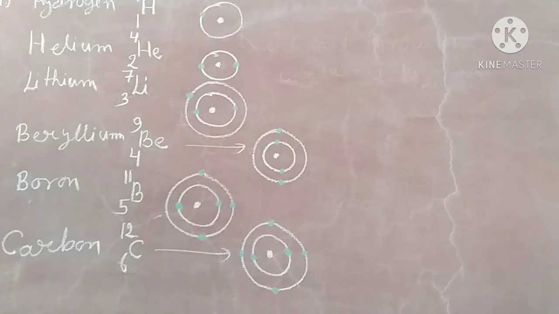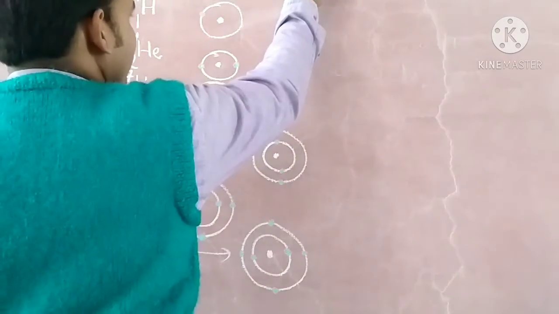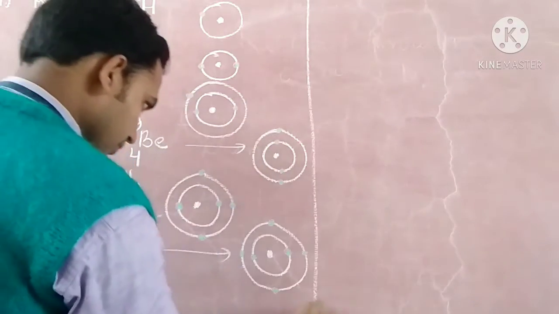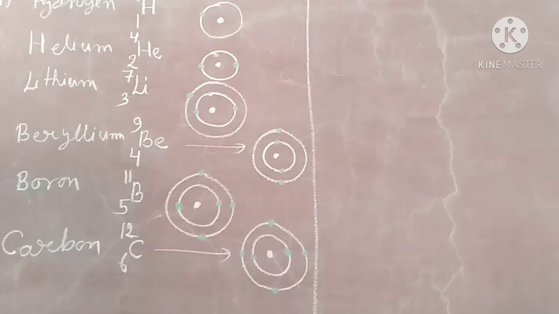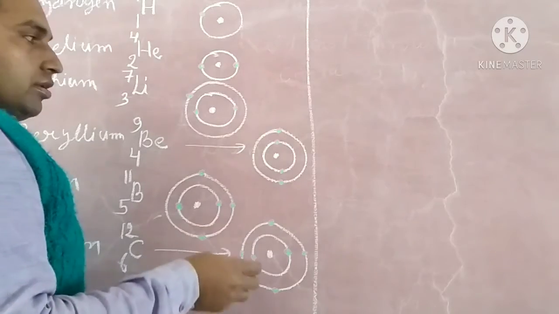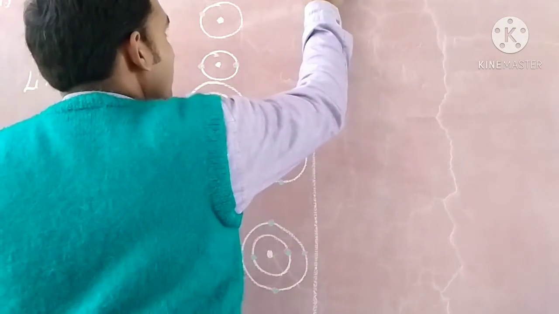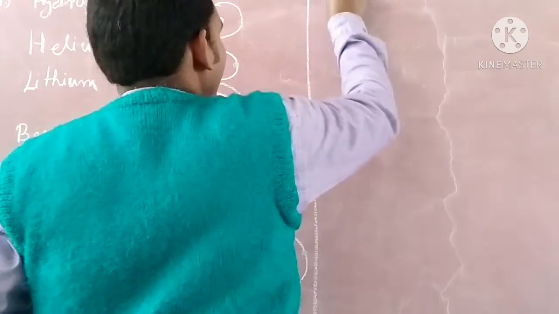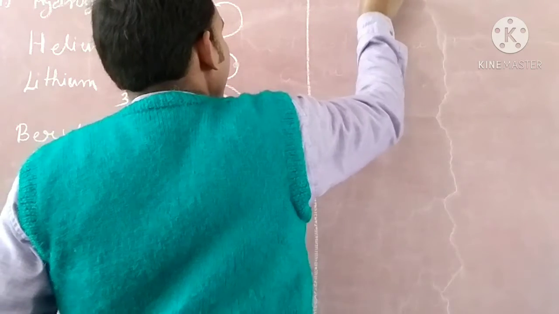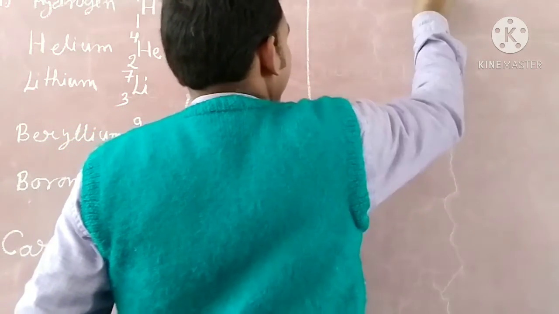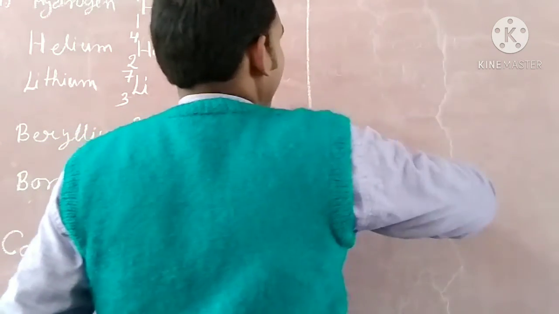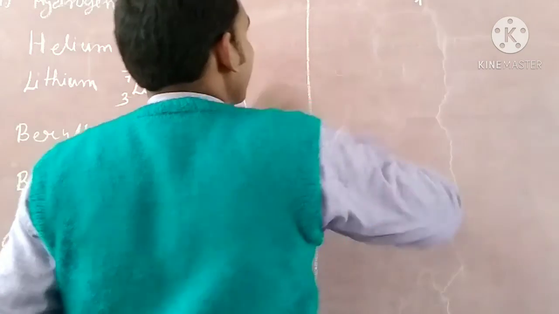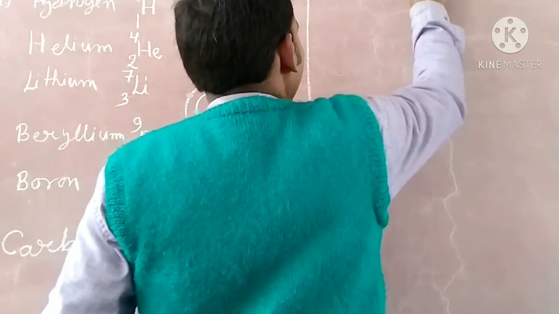Next, seven, nitrogen. Its symbol is N. Atomic number 7. Mass number 40.